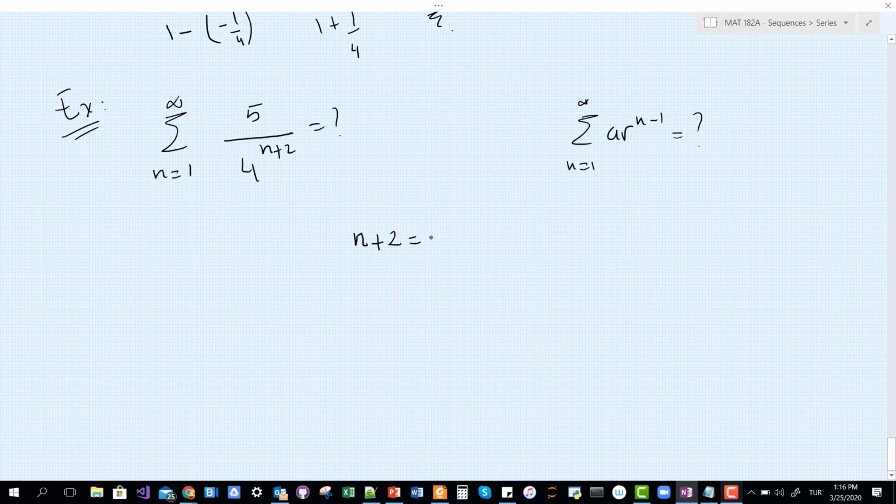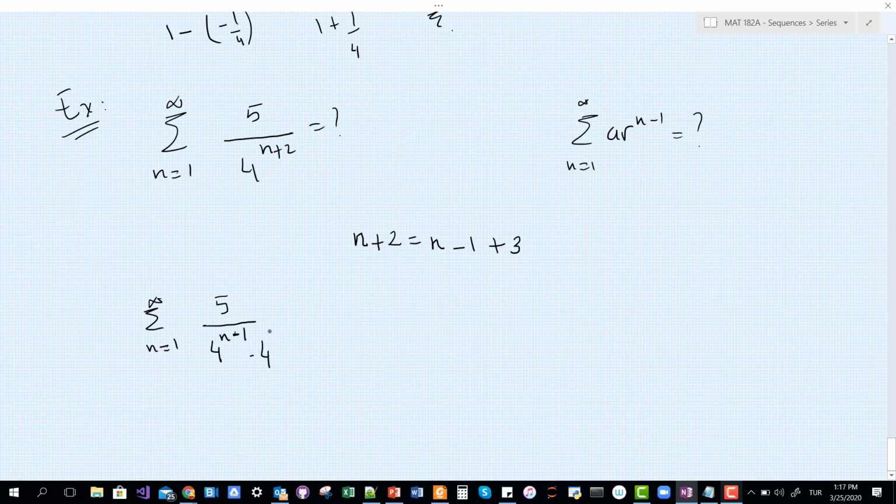Is there any way? Yes, look at it. This is just an arithmetic problem, guys. Can I write this n plus 2 as n minus 1 plus 3? Perfect. So now, if there is a way to write the n plus 2 as n minus 1, I can use it. I can use it in this way. Now look at that.